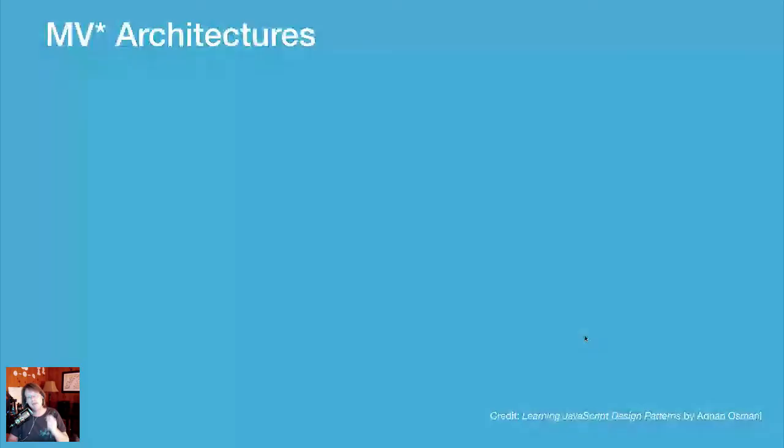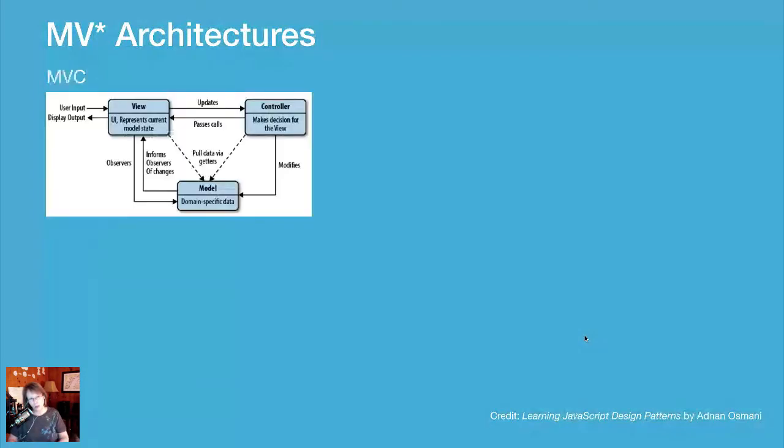Okay, the MV architectures. These are probably ones you know, right? So we have the MVC. The MV is model view and then something else, something that is the brains of it. With the MVC, we can look at this architecture and go, okay, I've got a view, I've got a model, and then I have this controller that sits in the middle and makes the decisions.